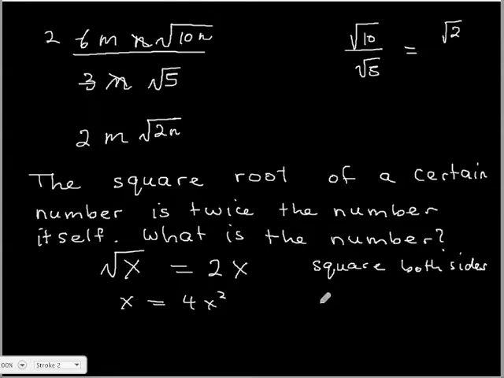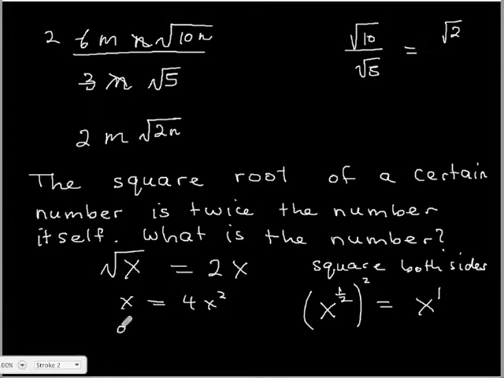Just remember that converting the square root into a fractional exponent is x to the half. And if I squared x to the half squared, you will agree that this is x to the 1. So that's why when you square the square root, you get that number back.